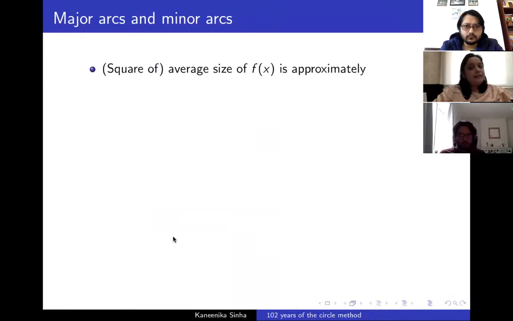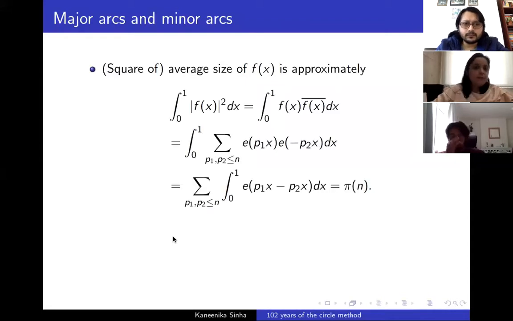How about simplifying this problem by looking at squares of the average size? If we know something about the square of the average size, perhaps from that we can deduce what the average size is. So now we've got this integral of absolute value of f of x squared dx.